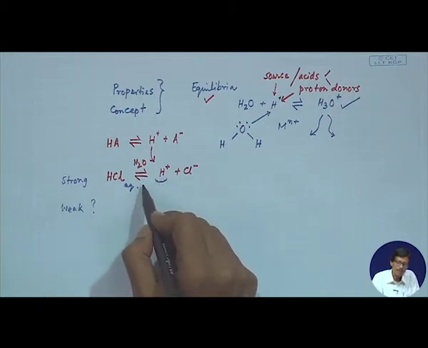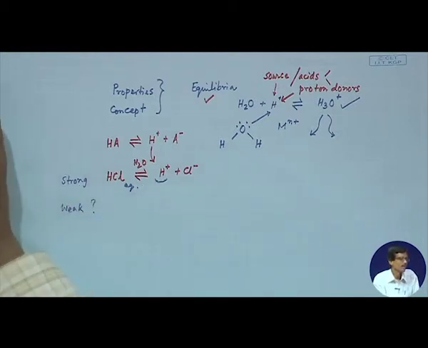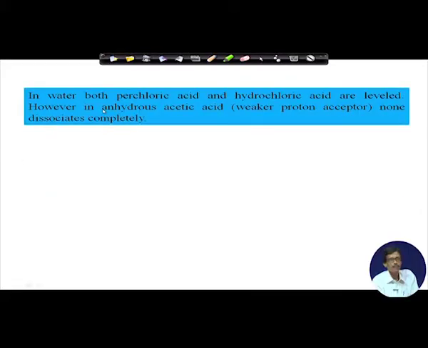So, the equilibrium again plays an important role for the strength of the acid and the weak acid as well. In water, again the medium is water, we are now comparing two acids. We have seen hydrochloric acid, and the other acid we are considering is perchloric acid, HClO4.